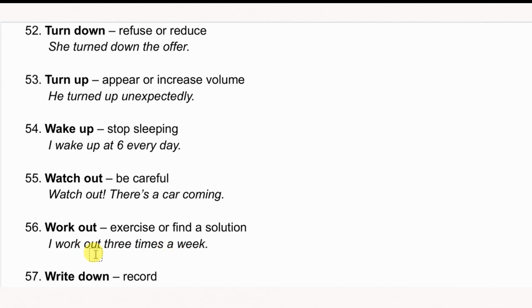So to work out can mean, for example, you go to the gym and then you work out. You are building, for example, the muscles. But also we use to work out when we want to talk about finding a solution. I will work it out. Okay? Means I will find out for it. I will solve it.